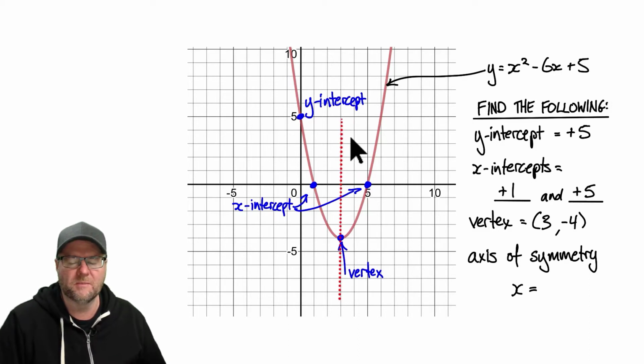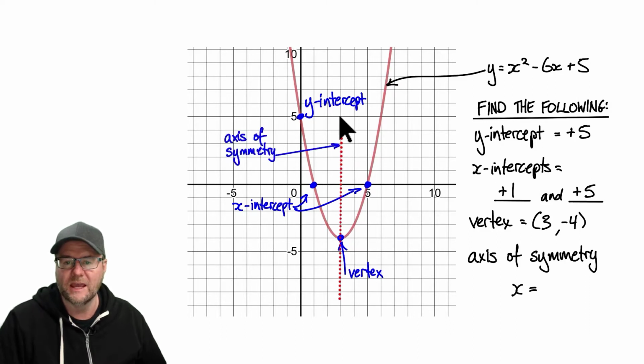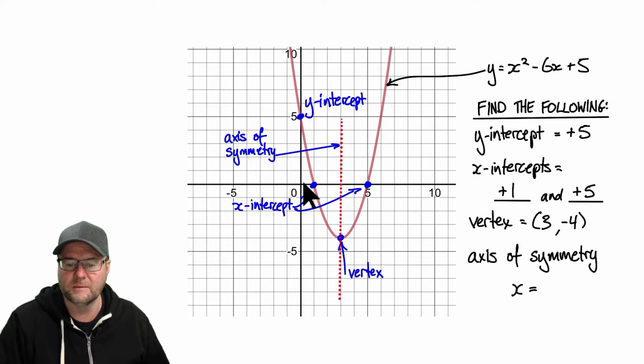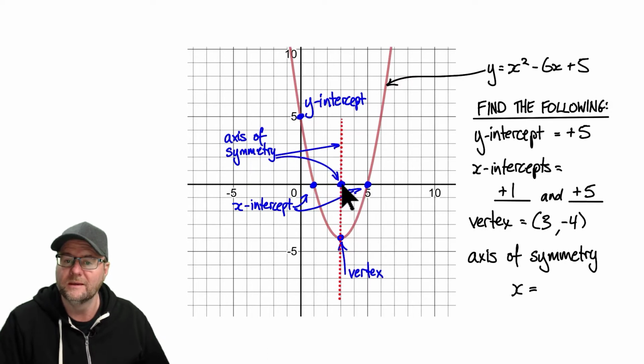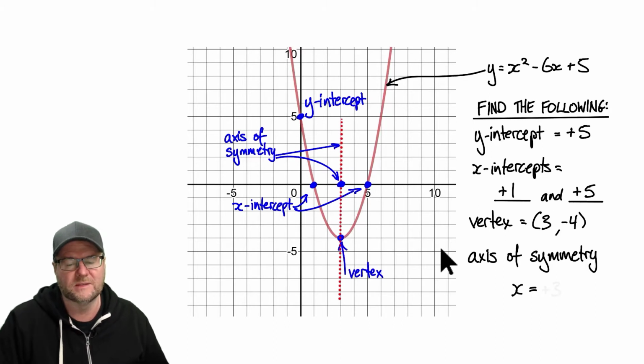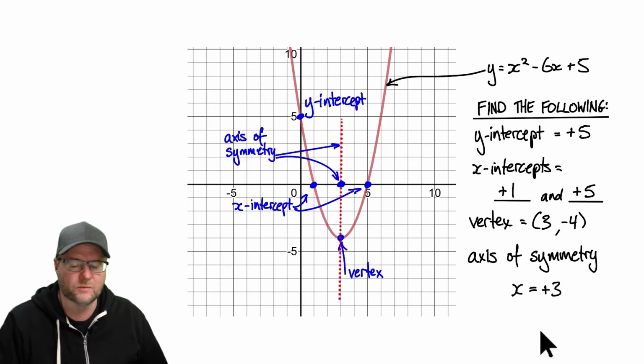So hopefully you can remember from previous lessons, the equation of a vertical line will always start with x equals. In this case, every x value along this line is 3, because it goes through the point 3, and even up here, the x value is 3, the x value is 3 here. If I go down here, the x value is still 3. All along that line, the x value is always 3, so we say the axis of symmetry is x equals 3. In this case, x equals a positive 3.